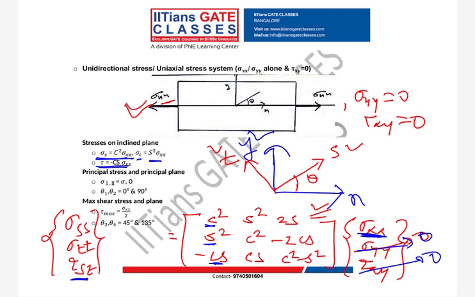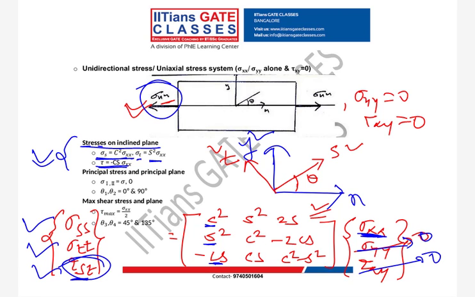Is it clear? These values are my stresses on an inclined plane. So what we see here is that though my loading is in X direction, you still have sigma ss, sigma tt, and tau st. You even have shear stress if you change your angle.